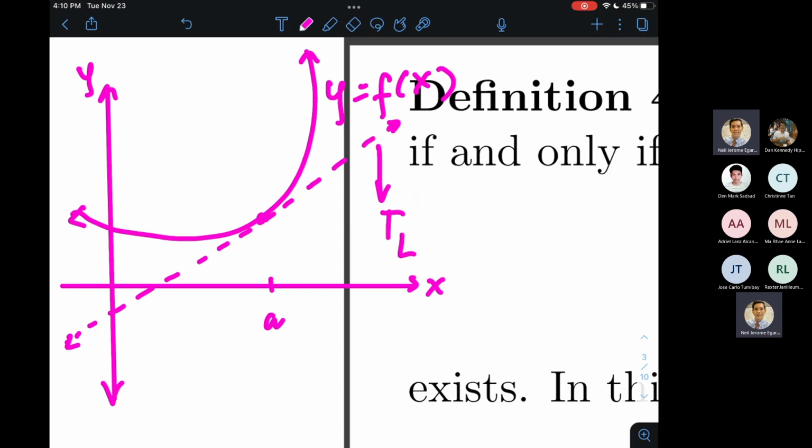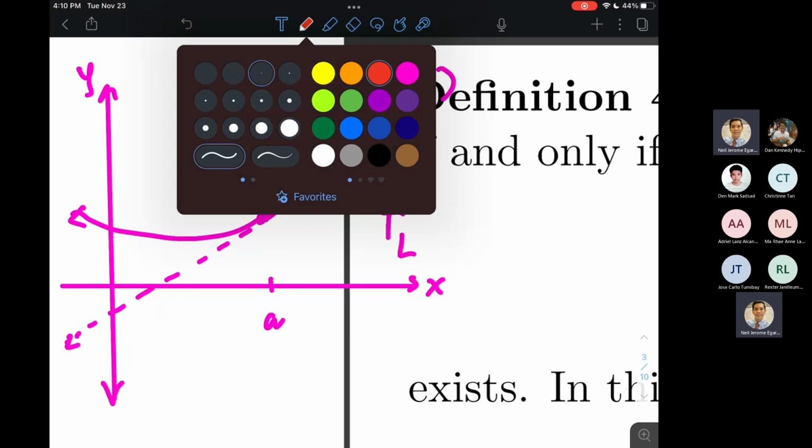All right? So the tangent line actually is the limit of the set of secant lines passing through A and a nearby point, say X. So tapos makikita nyo kung bakit ganoon yung pagkaka-define dun sa derivative. Bakit siya limit ng difference quotient as the number X approaches A. So pwede mo itong tingnan as you can consider secant lines, meaning secant lines are lines passing through the curve at exactly 2 points.